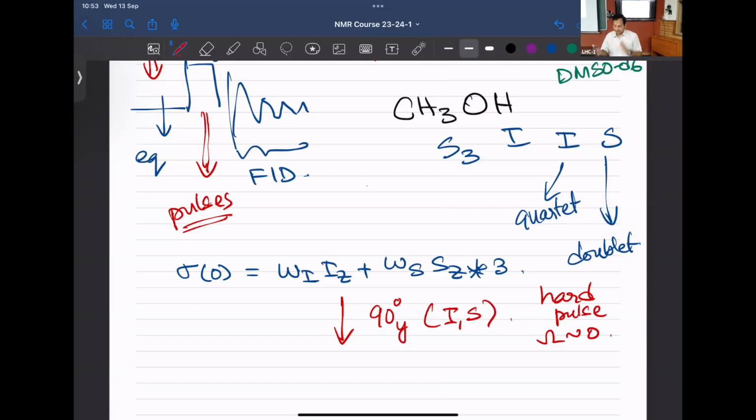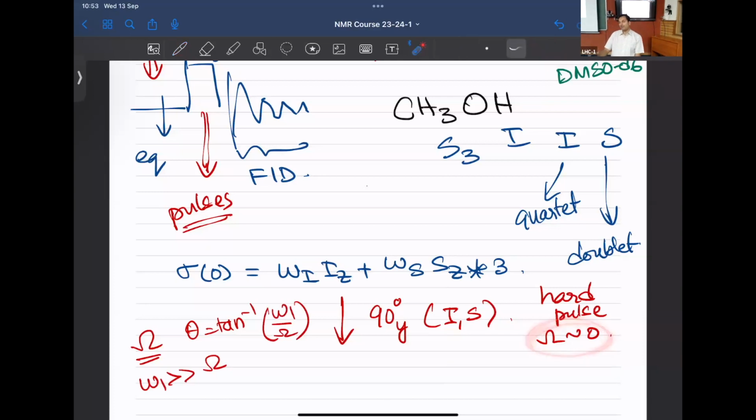You might remember theta comes up as tan inverse of omega 1 over small omega. If you're able to apply a much larger omega 1 than the offset, then you can almost treat the off-resonance effects to be 0. For most of the course, let's have this assumption. This is not true, but it will make your understanding easier.